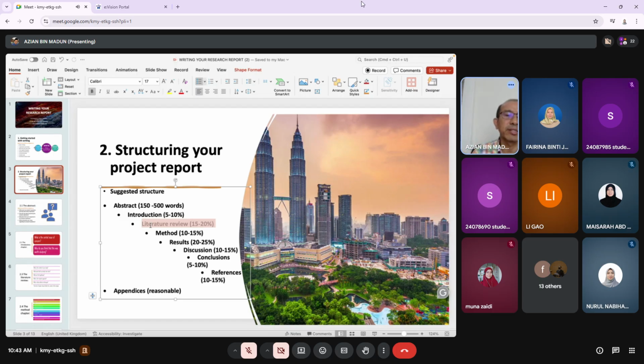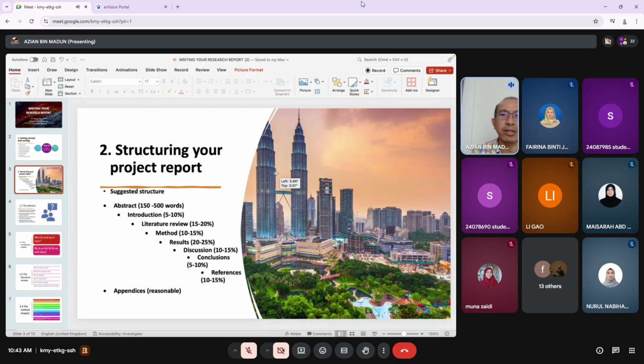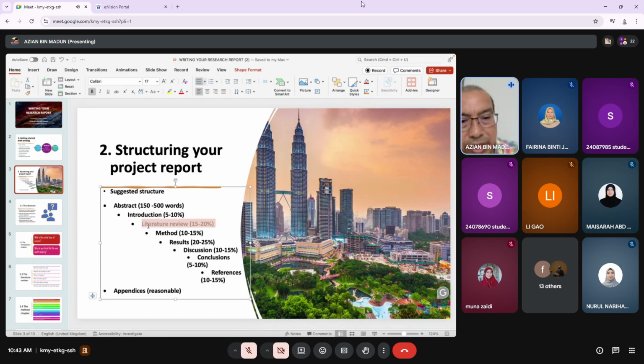area of study. You must allocate a lot of time at this point to this section or chapter. What do you want to put in this chapter?